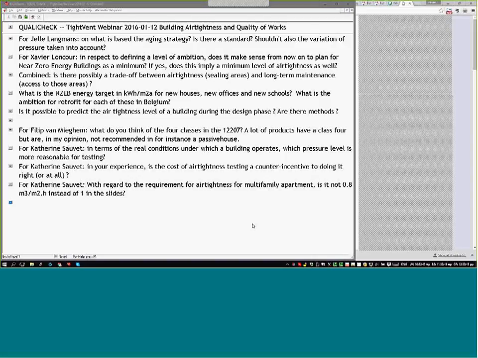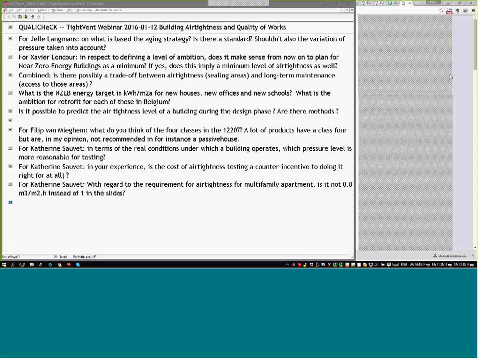Yes, in fact, the rules require 1 cubic meter per hour per square meter, but in fact, the 0.8 you have to reach if you are in the quality approach, because in France you also have a special quality approach.